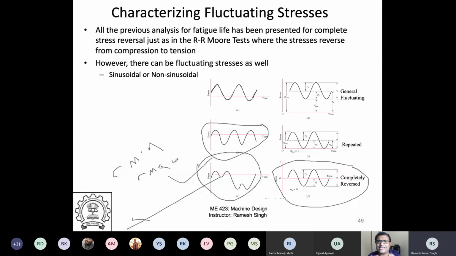I can characterize any signal, because for any random signal which is varying in time, I can have sigma mins and sigma maxes there. There will be a maximum sigma min and a minimum sigma max. So I can formulate for that signal.